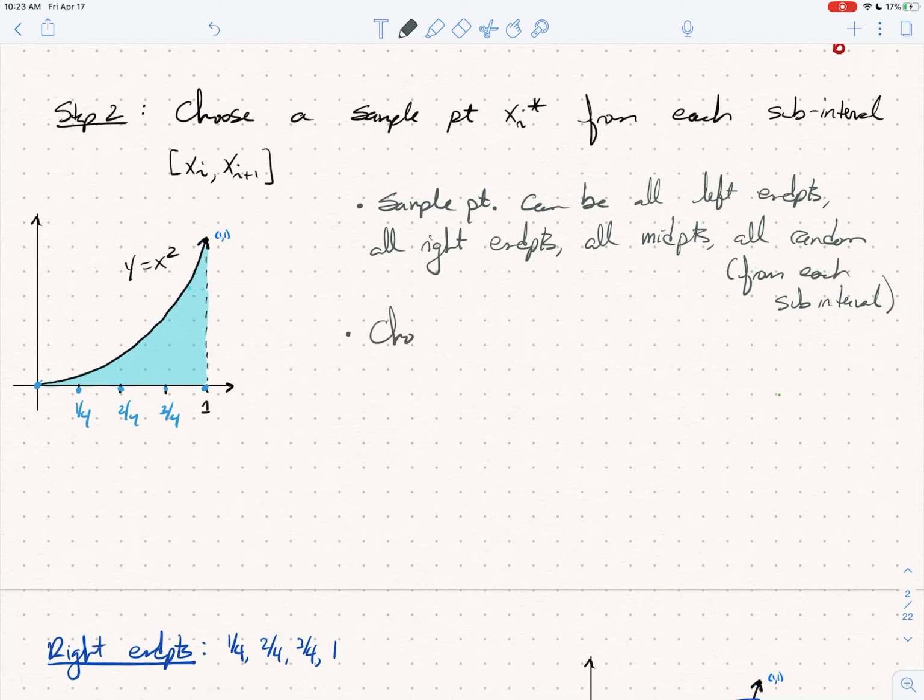Let's point out that your choice of sample points does affect the estimate. So when you're estimating the area, if you pick left endpoints and I pick right endpoints, we're going to get different estimates.